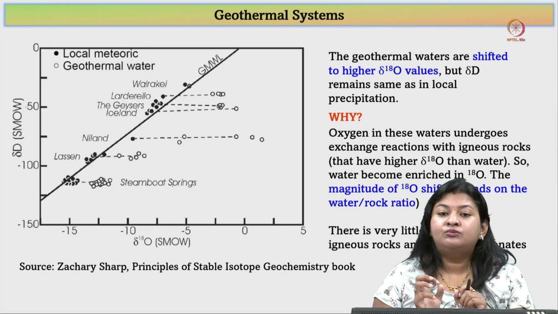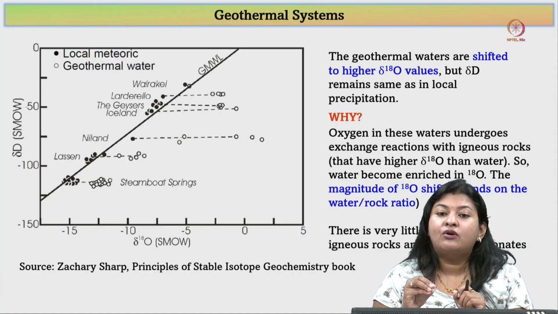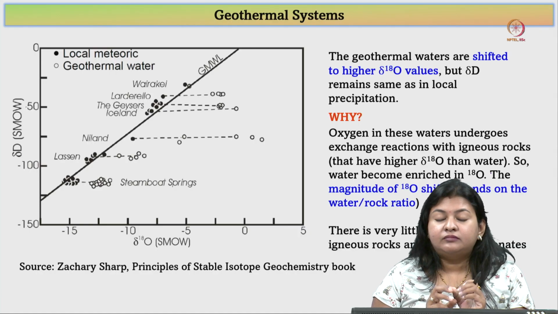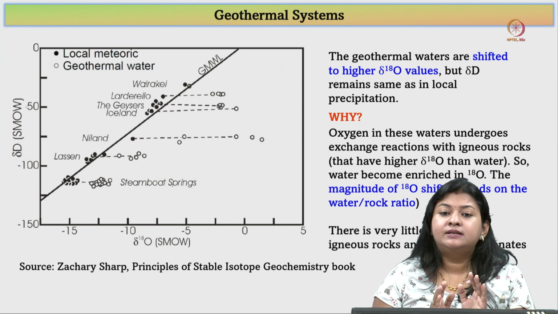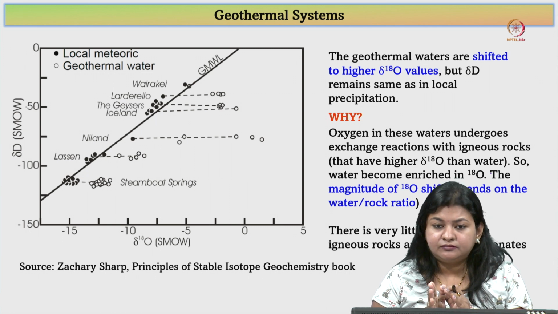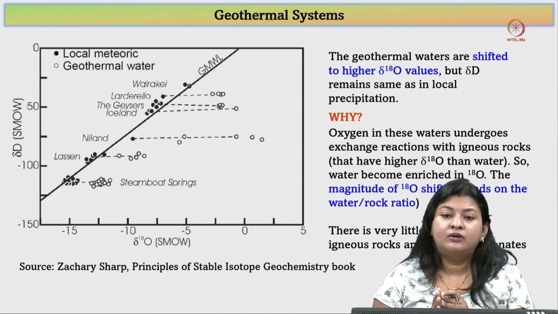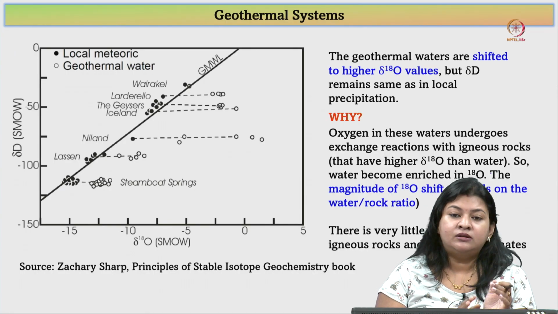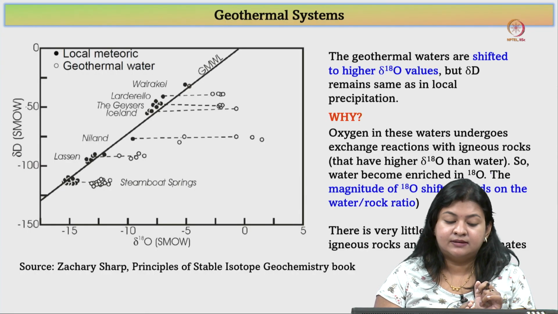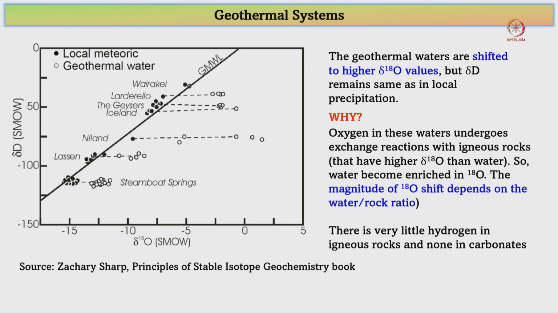So, when we do analysis of this kind of hot spring water, that is geothermal water, we find that it is very enriched in the delta 18O axis as compared to the delta D axis. Here you see a plot of geothermal water from different regions like Krafla in Iceland.